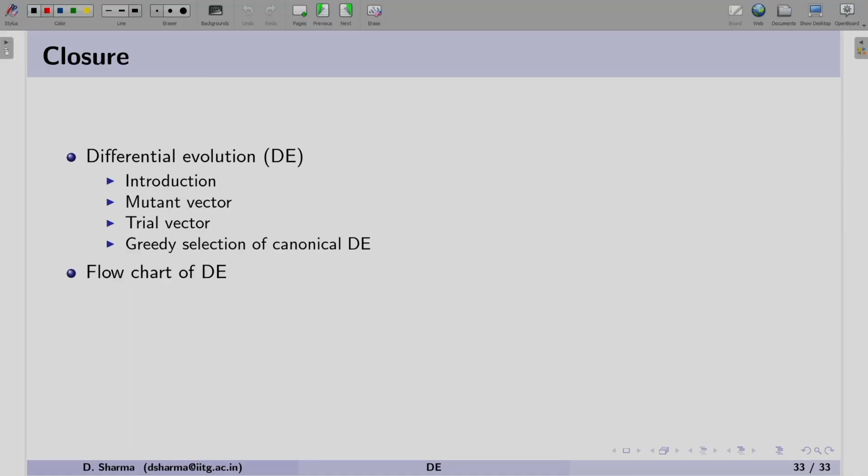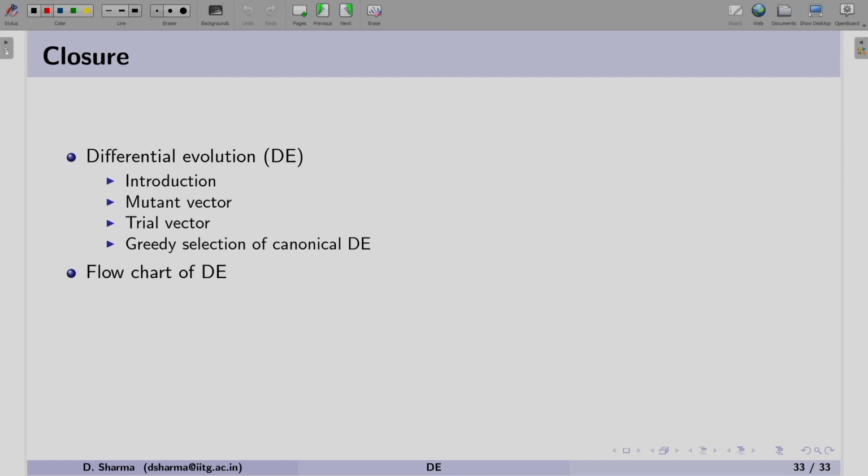Thereafter, we understood the flow chart of DE. In this case, we had two loops: one decision box with respect to the number of generations, and another decision box with respect to the number of solutions in the population.